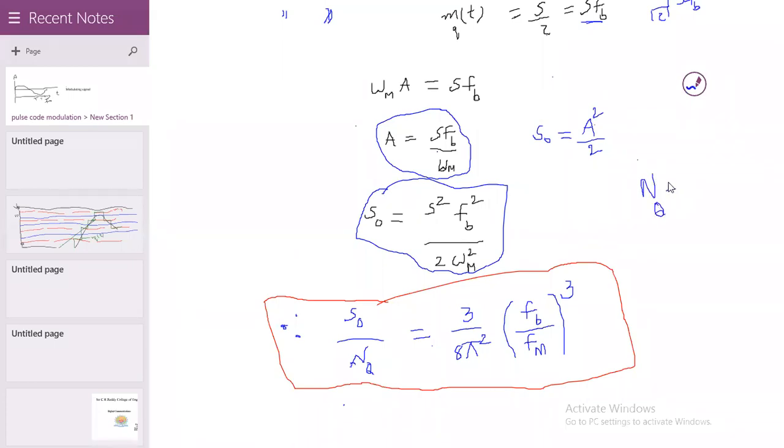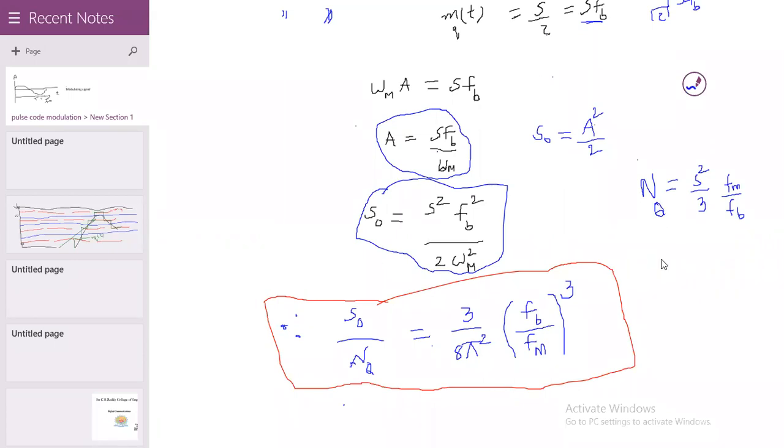NQ is equal to S square by 3 into FM by FB. Now S naught by NQ is equal to, see if you get this value, this by this.